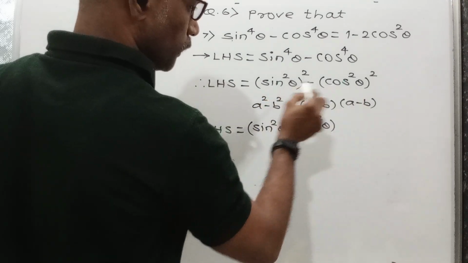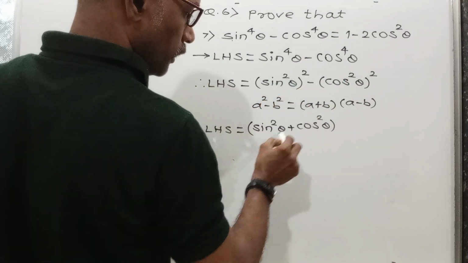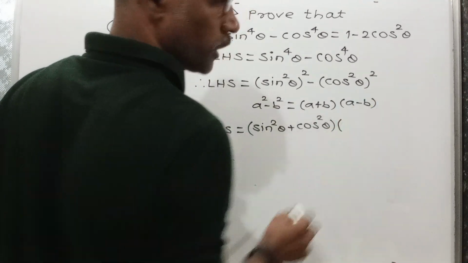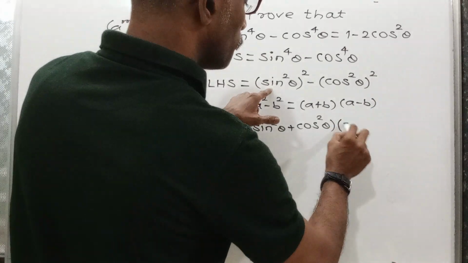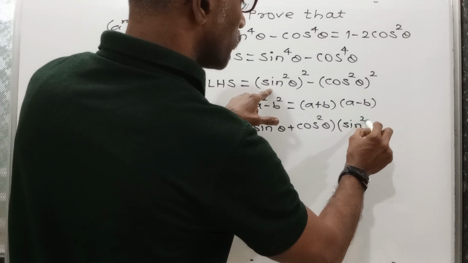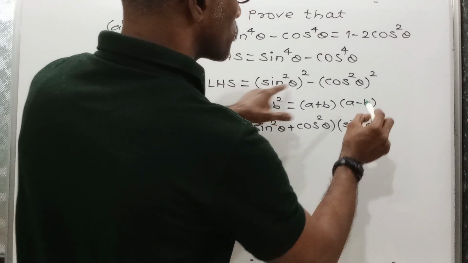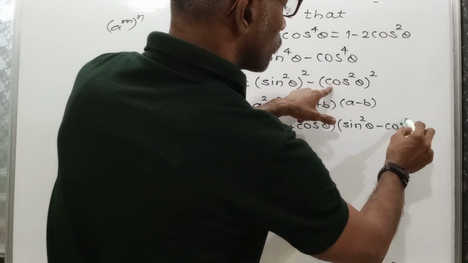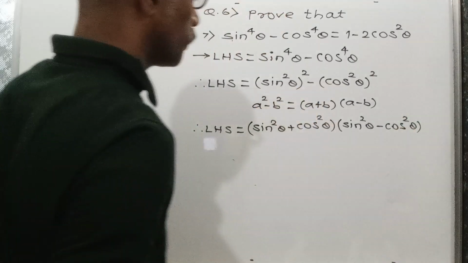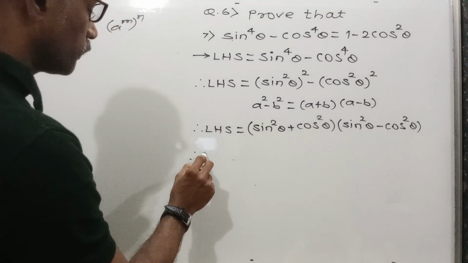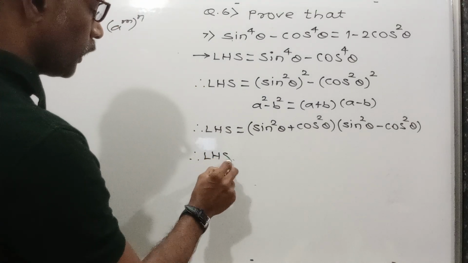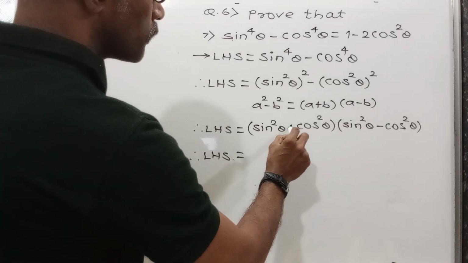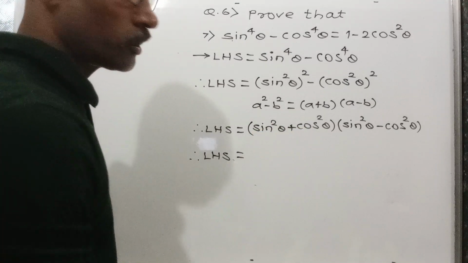So a plus b means sin²θ + cos²θ. Then the second bracket, a minus b: this is our a, so we write sin²θ minus our b, cos²θ. Did you understand? Therefore LHS is equal to, we know this identity, sin²θ + cos²θ.